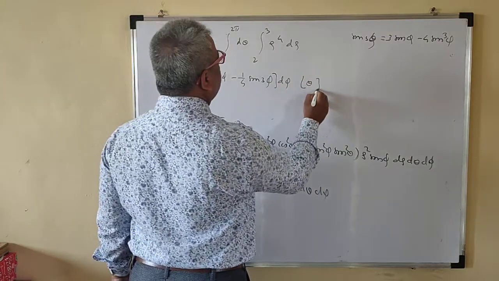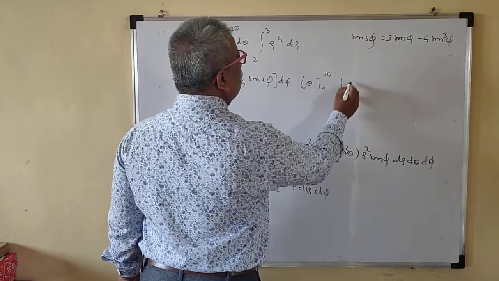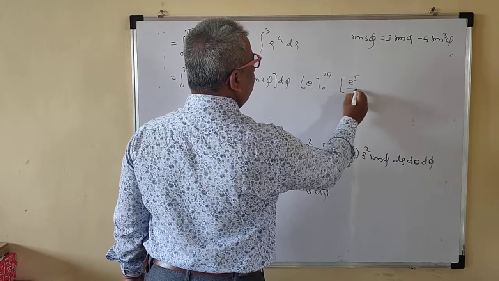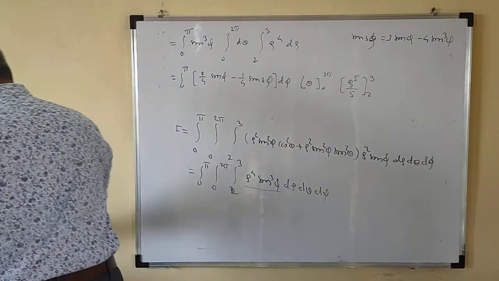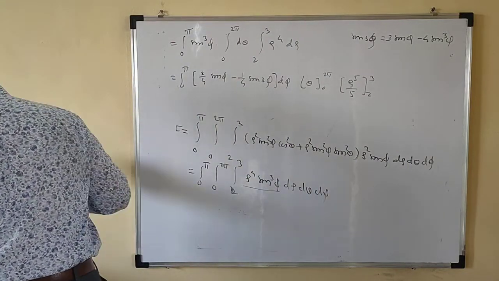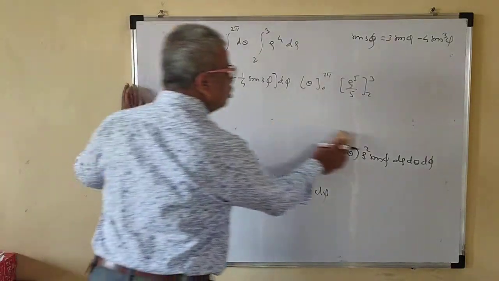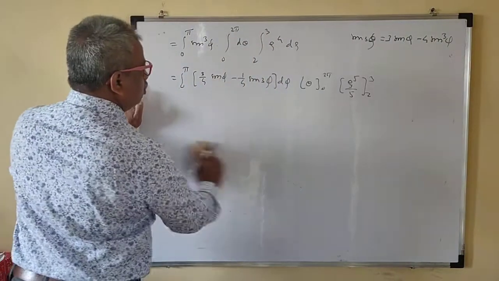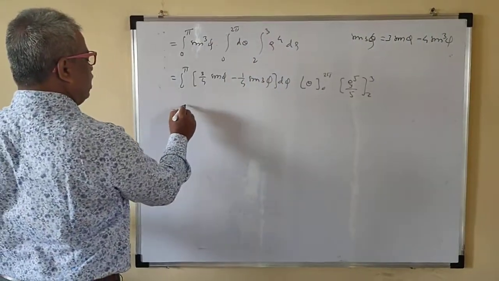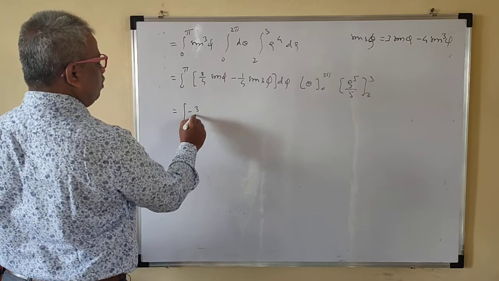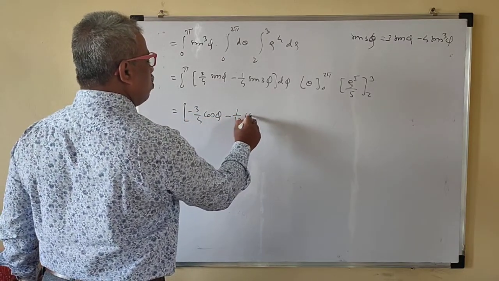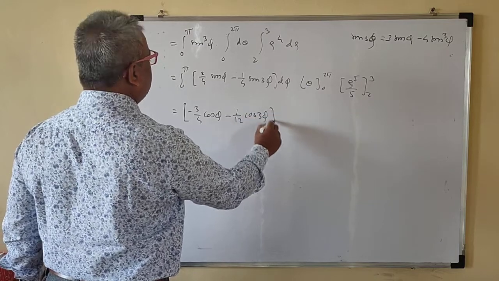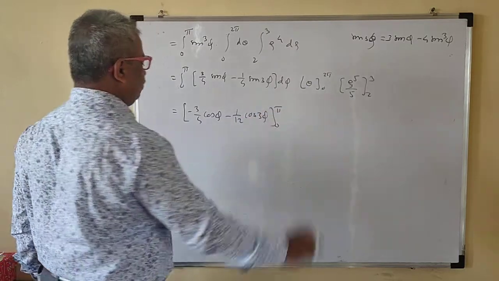This is theta 0 to 2 pi. Then this is rho to the power 5 upon 5, from 2 to 3. Okay, now we can integrate this. So minus 3 by 4 cos phi minus 1 by 12 cos 3 phi.